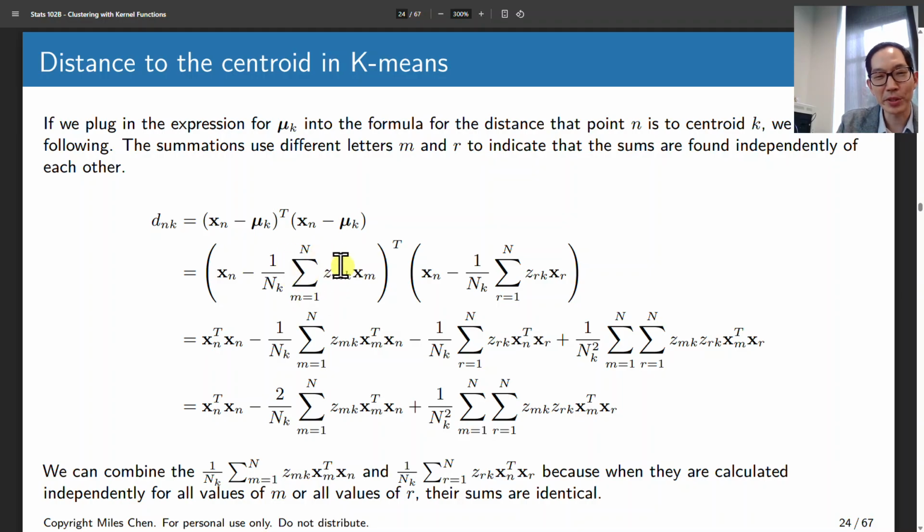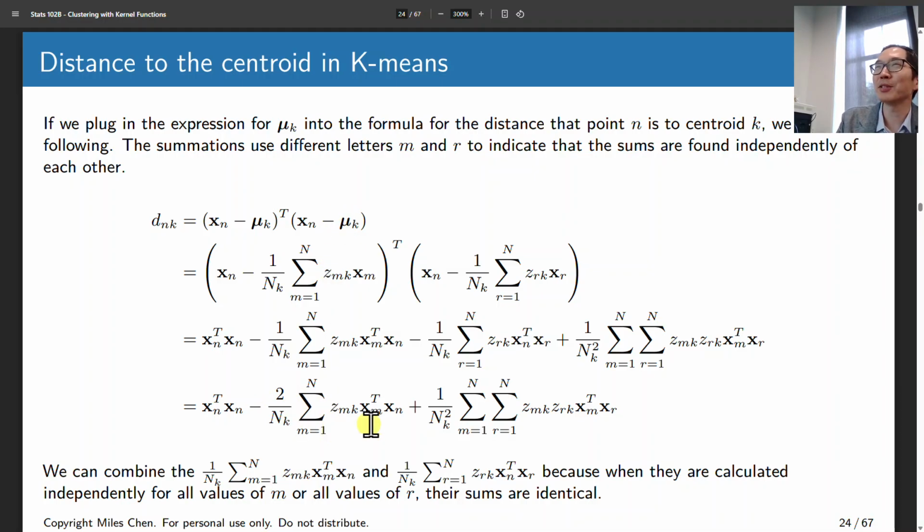We calculate the mean of cluster K, and we can expand all of this, and if you go through all of the math, you get this mess here, okay? But one thing to note is that there's no mu's. There's no actual centroid in here.